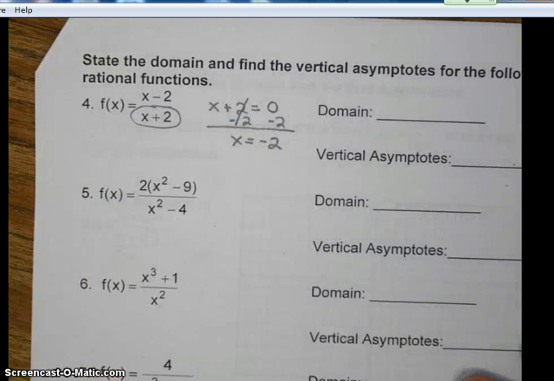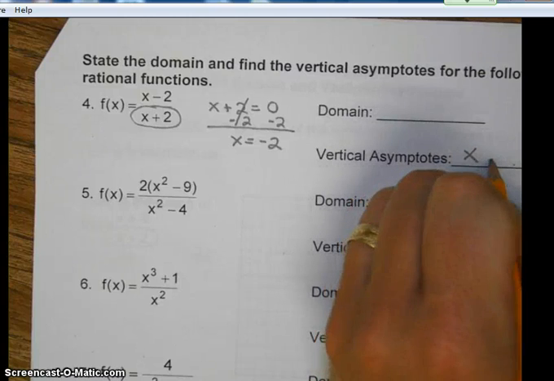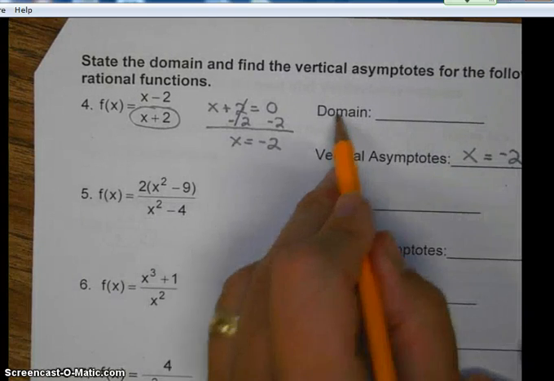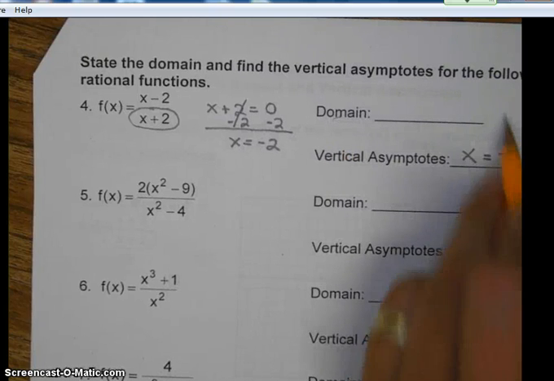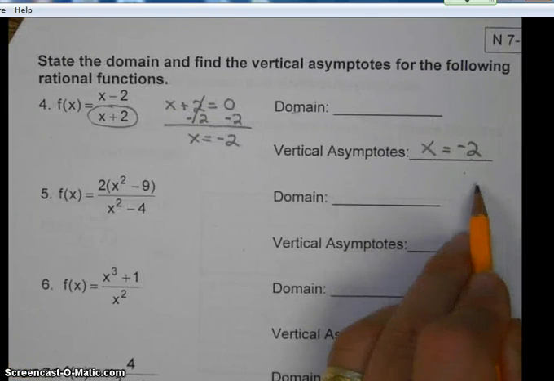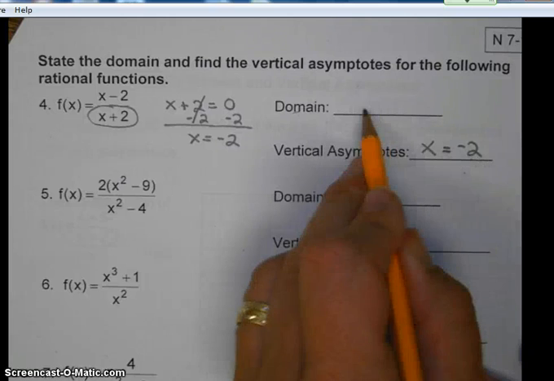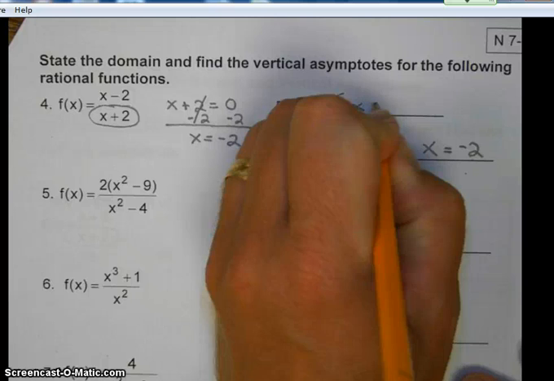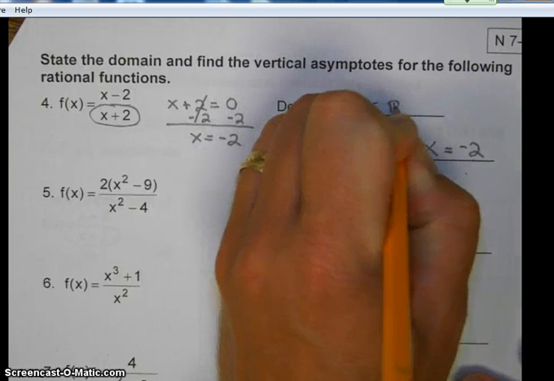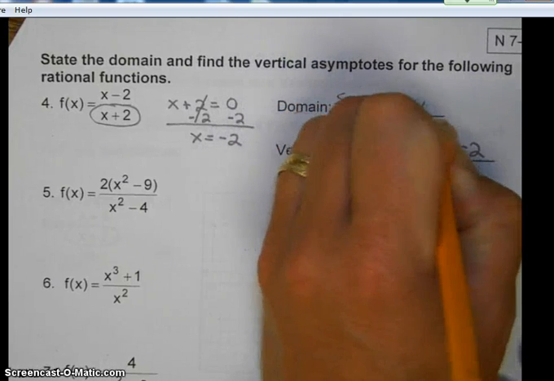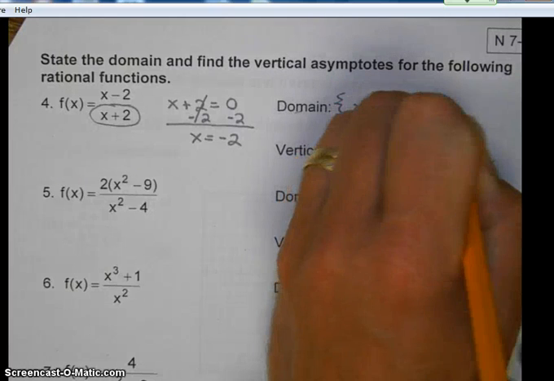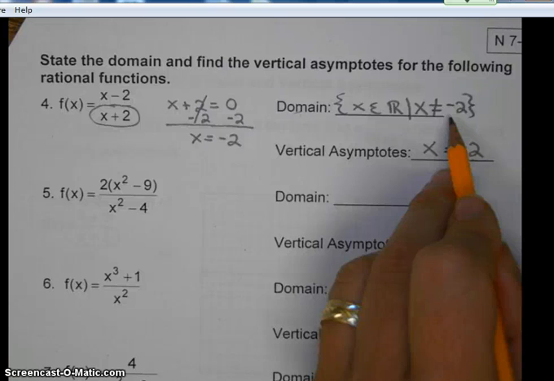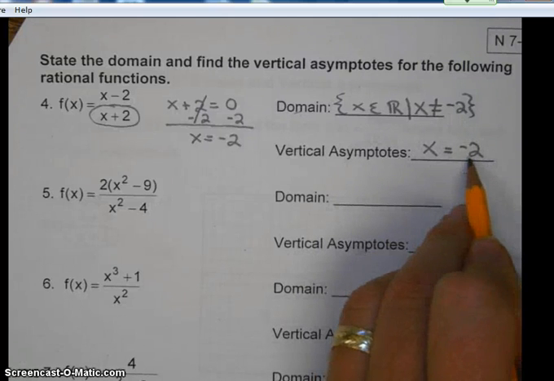So there's your vertical asymptote. And then the domain: since we have an asymptote at -2, that means -2 will not be included in the domain. So x is an element of all real numbers such that x does not equal -2. It is not part of the domain because there's a vertical asymptote there.